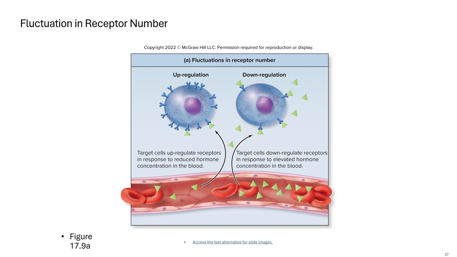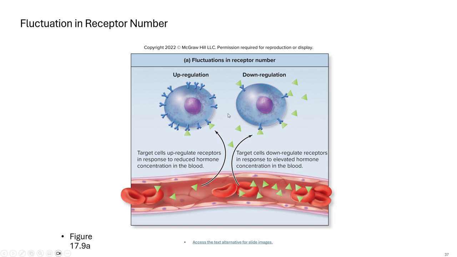Because you have such a small concentration of hormone, you need to increase, or upregulate, the number of receptors on that given target cell. And so that's what's referred to as upregulation. Essentially, you are making the cell more sensitive, increasing the sensitivity to a given hormone, in response to a reduced hormone concentration.